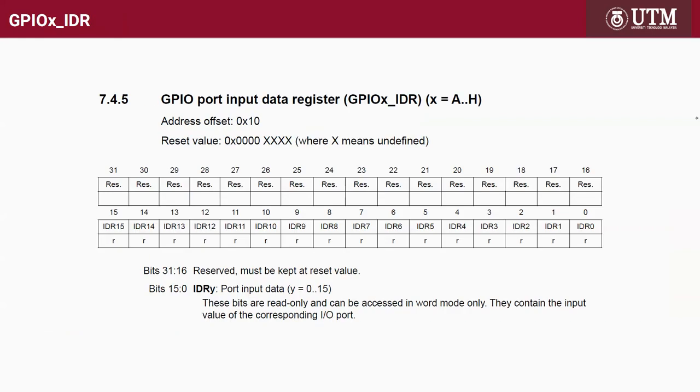All right, so for input, you go to the IDR. Again, there are ports up to port H, and on our chip not all ports are available. Same as the ODR, there are 32 bits available to read, but only the lower 16 bits are useful.